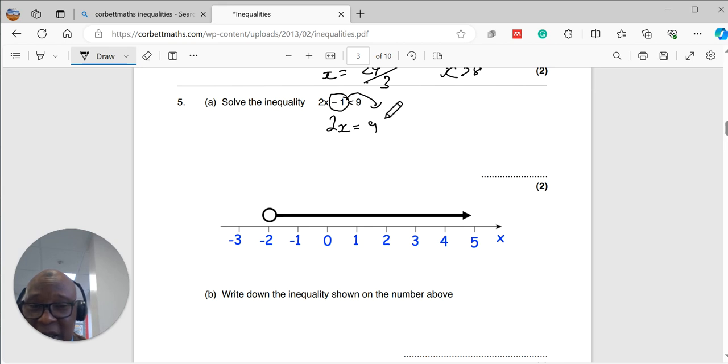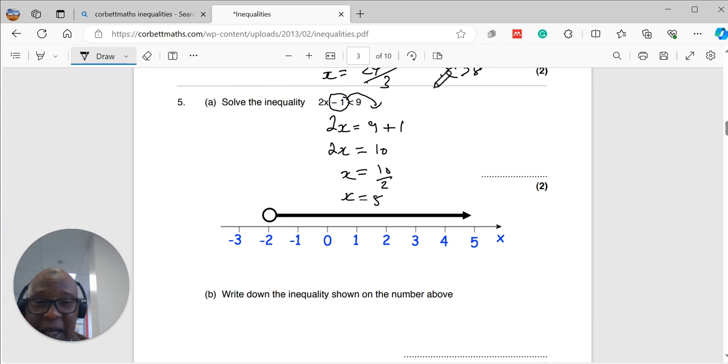Change my side, change my sign. So I've got 2x is equal to 10, and again the inverse operation, because that's 2 times x, so x is equal to 10 divided by 2.